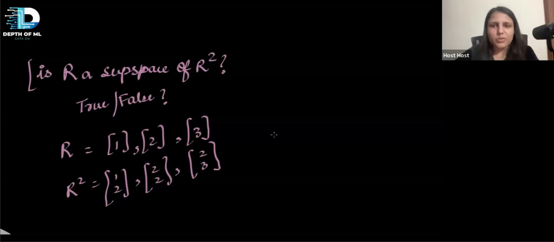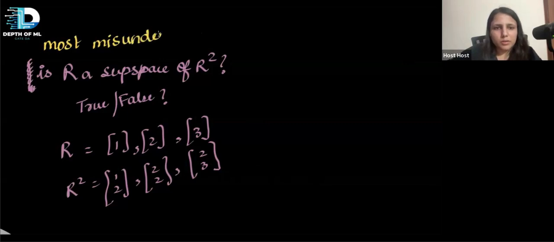Rohan is saying that he meant the x-axis, which is basically a line. Fine. But I wanted somebody to say this because this is one of the most misunderstood concepts.